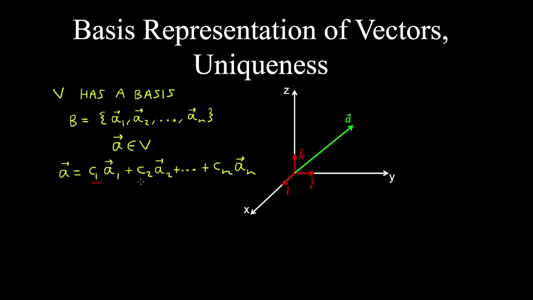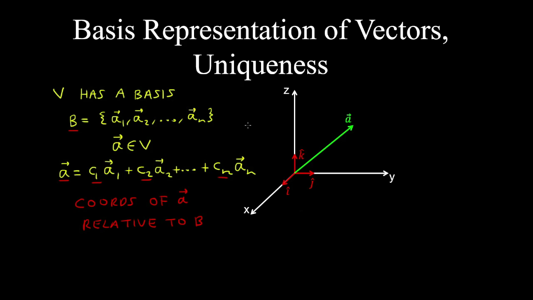And these scalars are called the coordinates of vector A relative to the basis B.